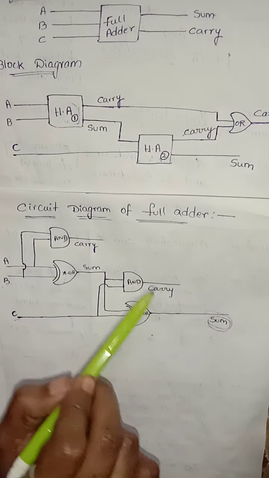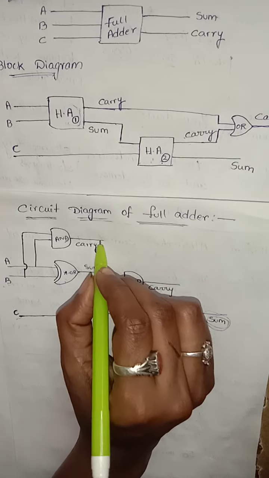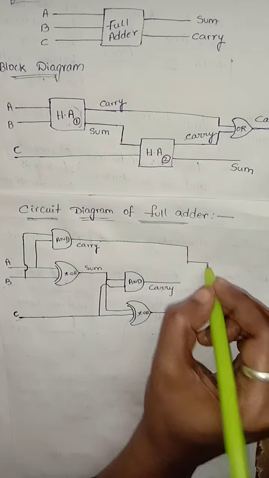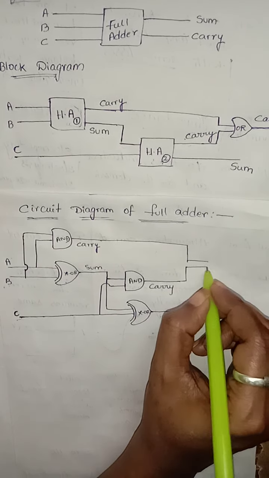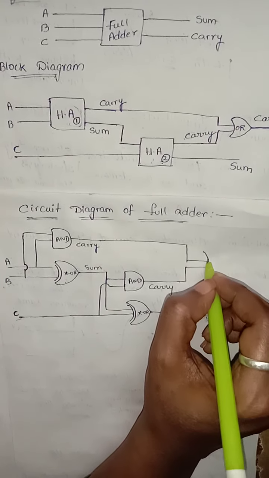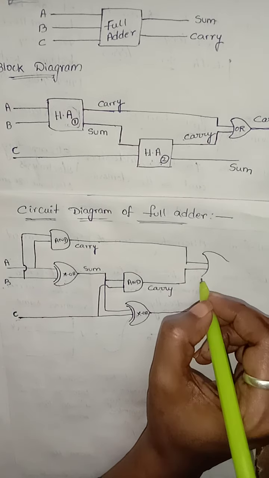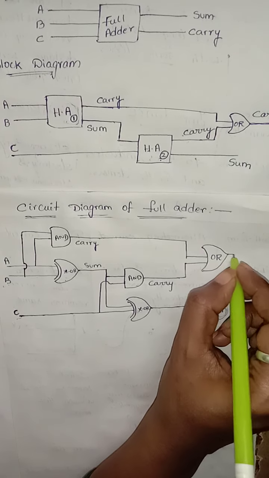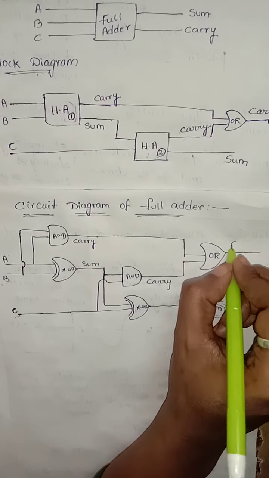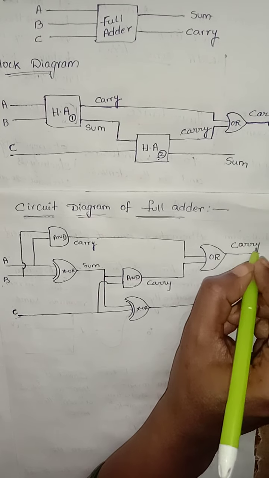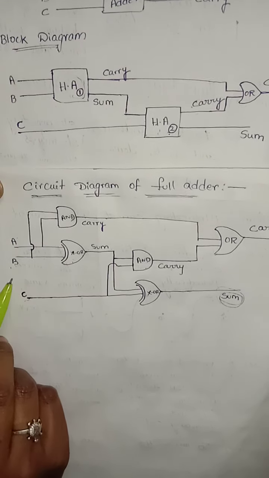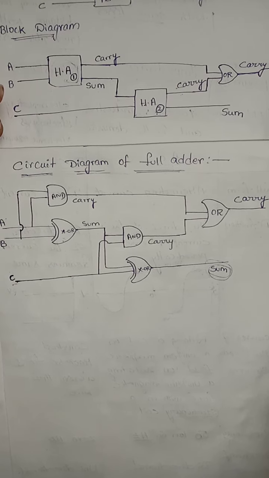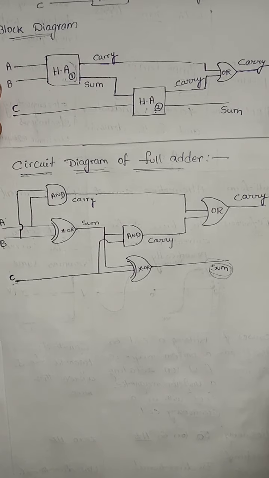The carry of the first half adder and the carry of the second half adder are given to the OR gate. It is nothing but the final carry when we add the 3 bits A, B and C. This is the circuit diagram of the full adder.